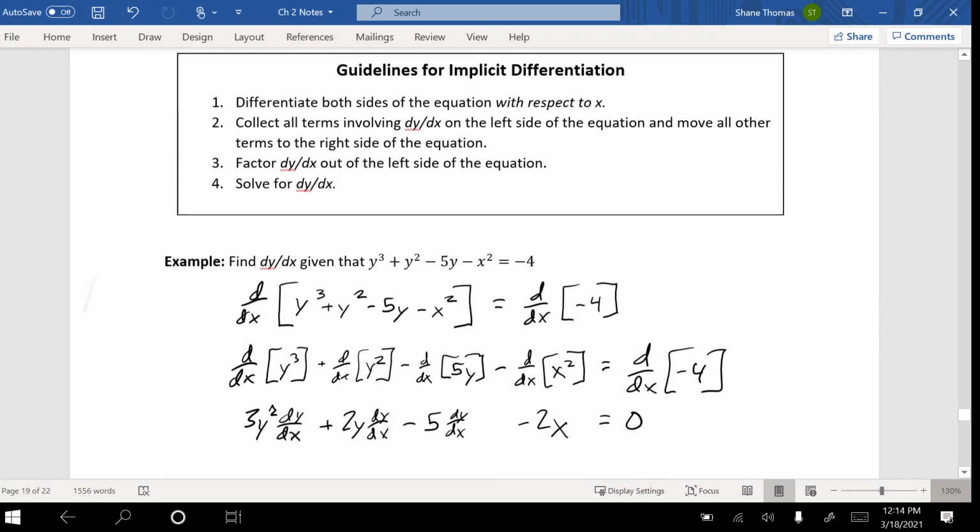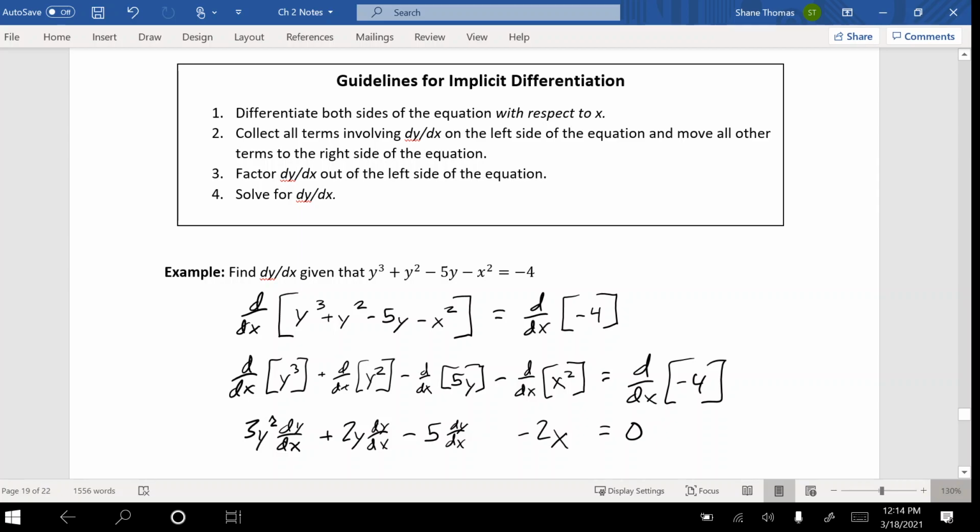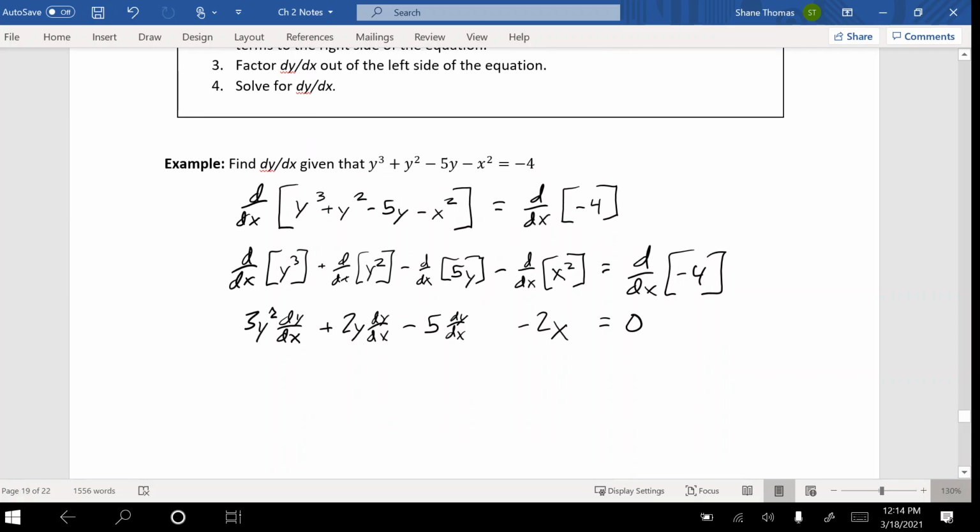Okay, so that gets us through to number 2. Collect all the terms with dy dx on the left side of the equation and move all other terms to the right side of the equation. So I have 3 that I'm going to keep on one side, and I'm going to take the 2x over to the right. So move the 2x over. What do I have to do? Add it. Just add it.